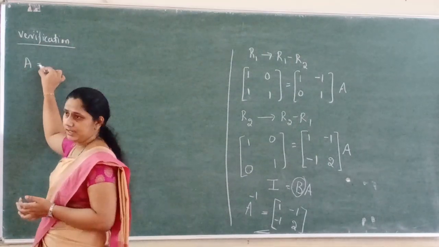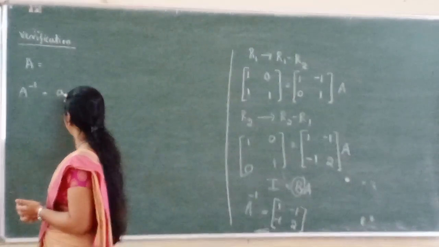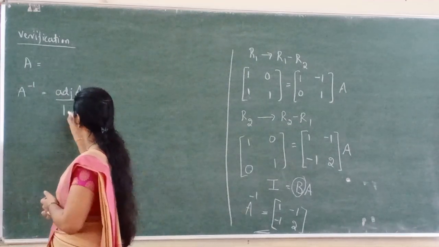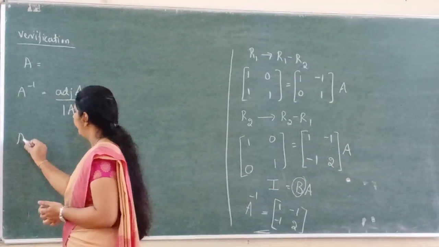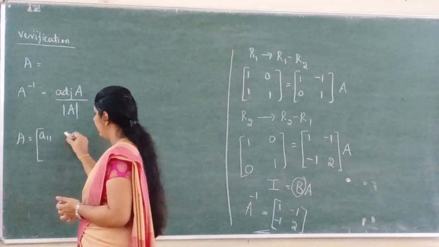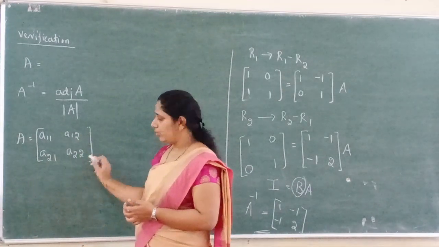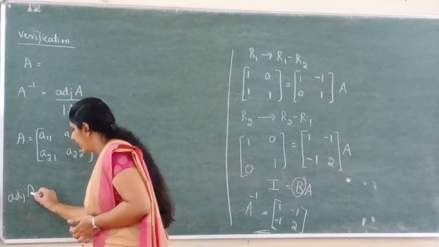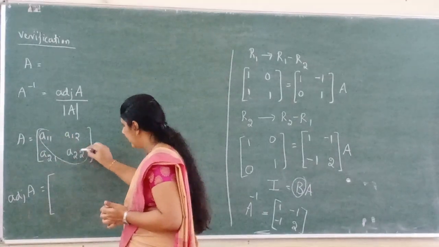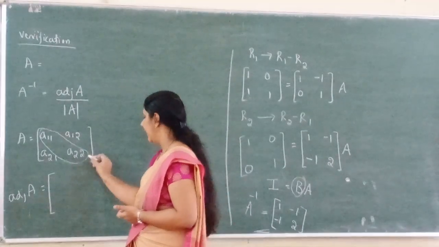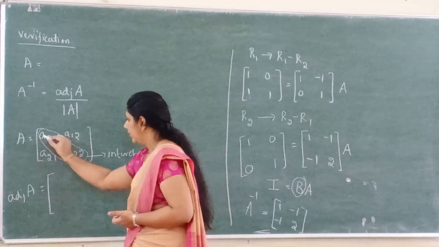If matrix A is given, then the formula to find A inverse is adjoint A by determinant A. Now, if matrix A is equal to A11, A12, A21, A22, so this is a 2 cross 2 matrix, then adjoint A is, we have to interchange the elements of the diagonal.